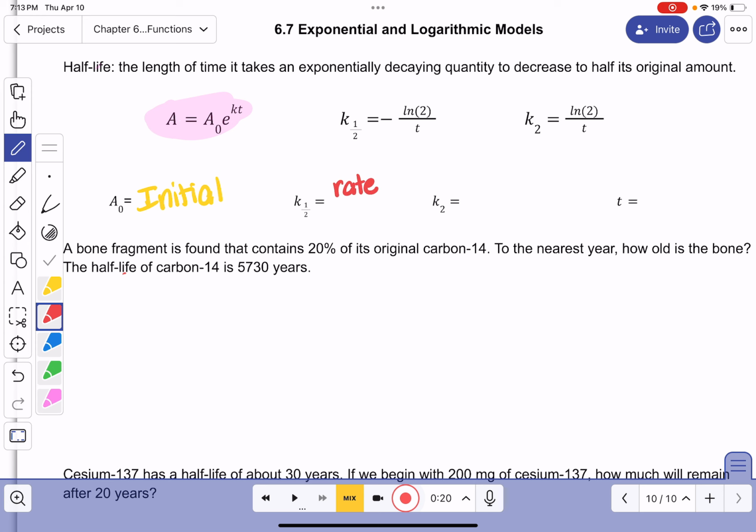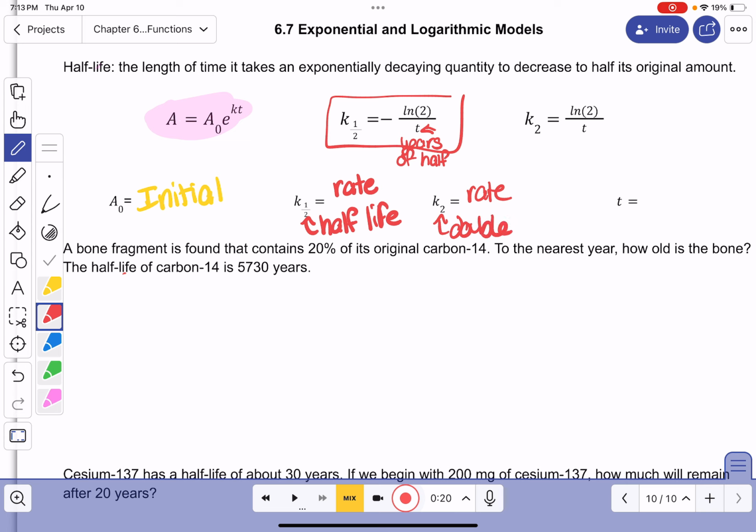If we're talking about a half-life, we're going to use this K. And this T is the years they tell us as part of the half-life. If it's a doubling rate, then we're going to use this one with the K sub 2.